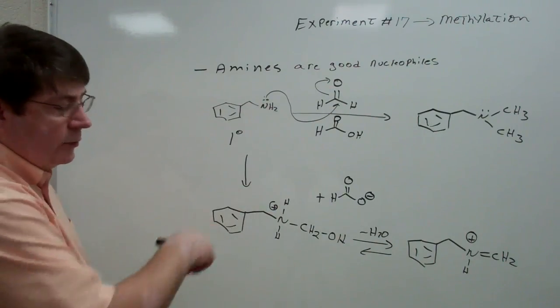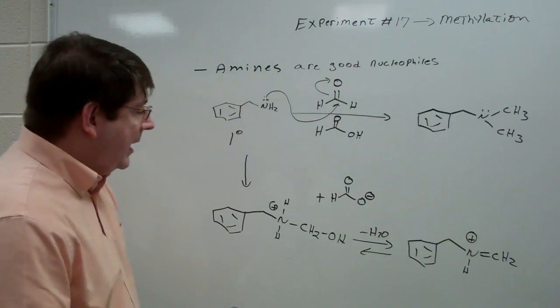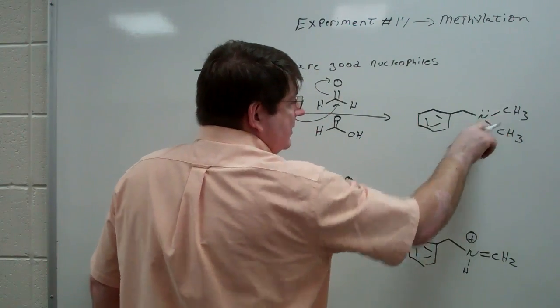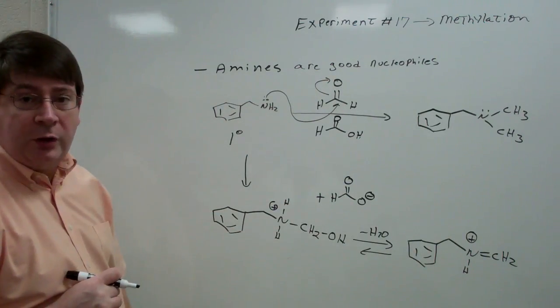Now here's where the interesting stuff happens. This you're probably very familiar with from class. However, at this point, we've got to reduce this double bond to make it a single bond. And the way to do that is to use the formate. The formate is a good reducing agent.